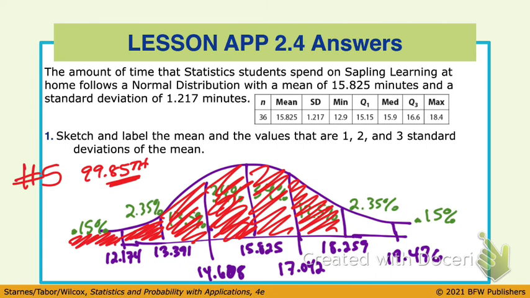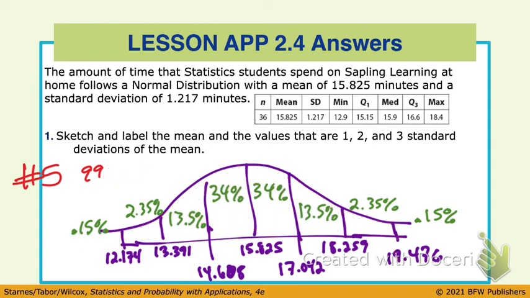That's the 97.5 percentile. And if I add one more, we are now at the 99.85 percentile. So what is the value at the 99.85 percentile? 19.476. Cool?